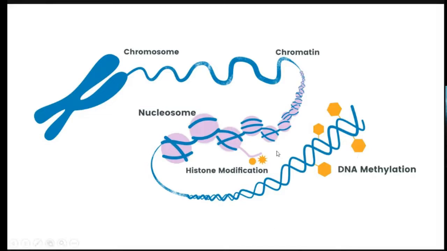And another type of epigenetic mechanism is in histone modification, wherein you modify your histones. Remember, your histones are responsible for packaging of your DNA, and you modify that packaging to open up your DNA to be able to express the DNA.